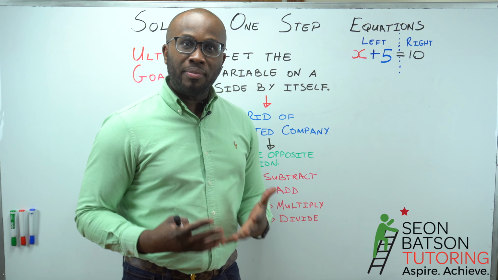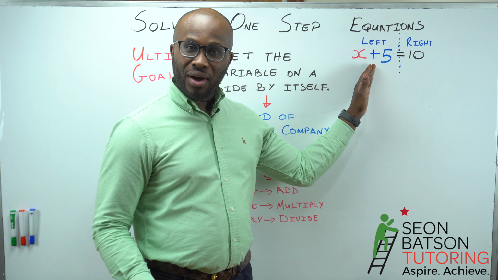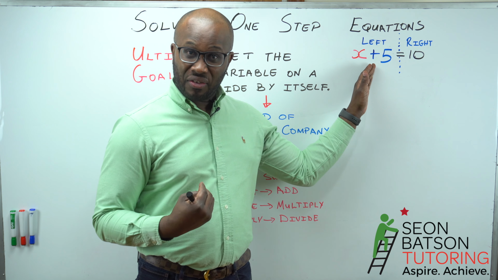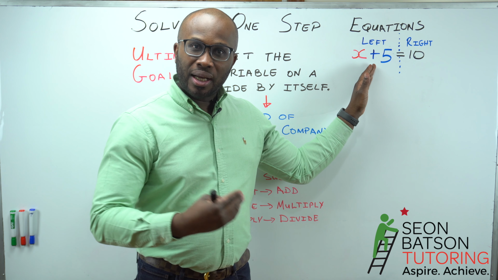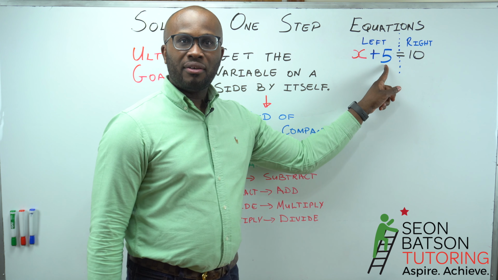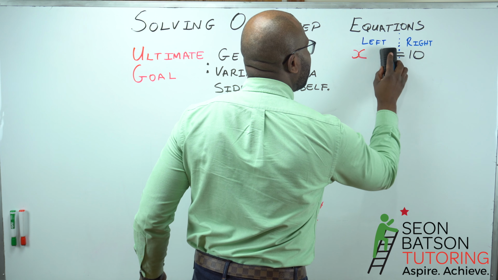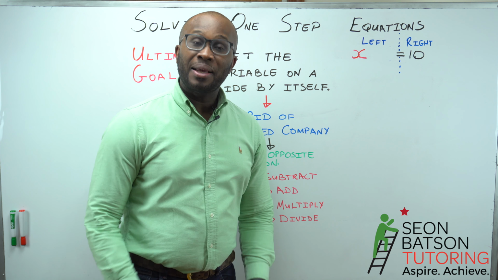So our ultimate goal will be to get the x by itself on the left side. Now, to get the x by itself, we will have to get rid of an unwanted company. In this example, the unwanted company is 5. Look right here. If I were to get rid of this positive 5, the x will be on the left side by itself.